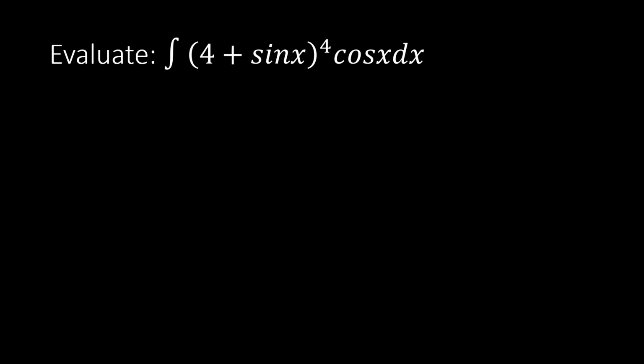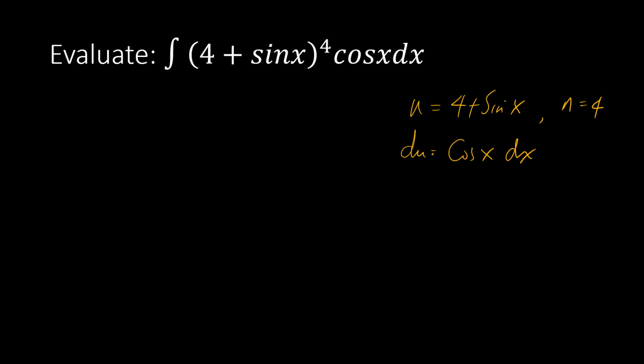Let us take on the next one, the integral of the quantity (4 plus sine x) raised to 4 times cosine of x dx. So it is clear in our integrand that our u is 4 plus sine of x, and our n is 4. The differential of 4 plus sine x is 0 plus cosine of x dx.